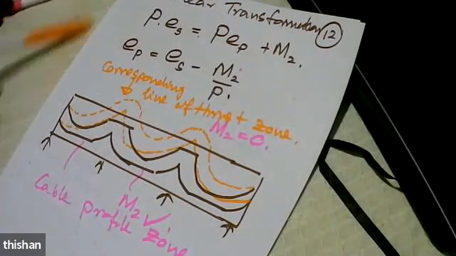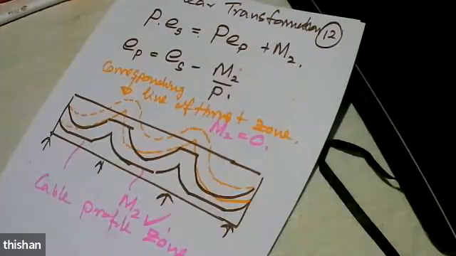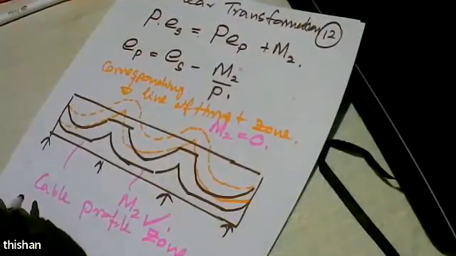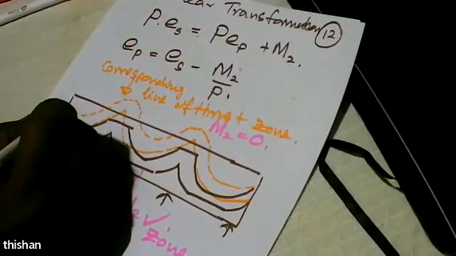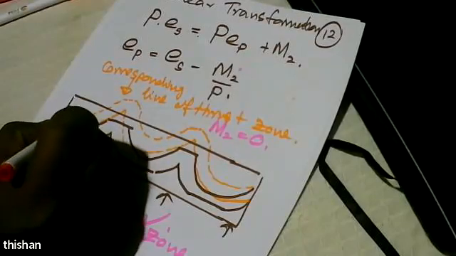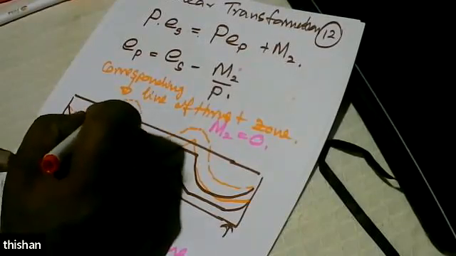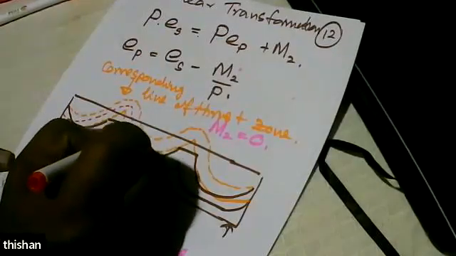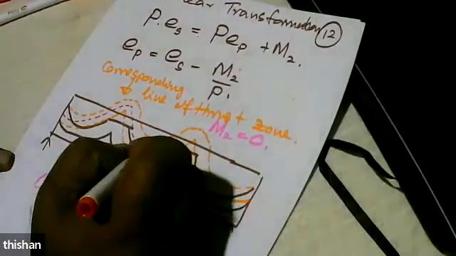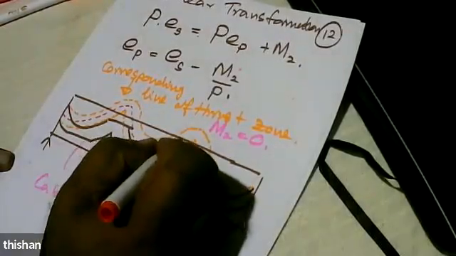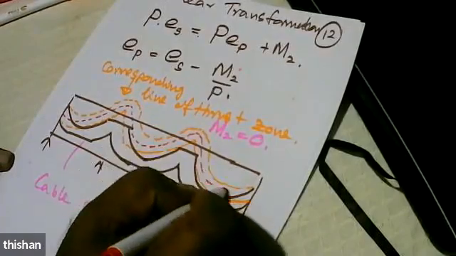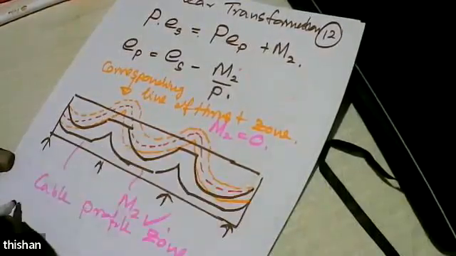So what I have done is, now if it is a line of thrust, that means M2 is 0, then I can actually fit a bending moment diagram into this. But it's a trial and error process. So for the selected pre-stressing force, I will apply a set of loads and get a bending moment diagram that will fit inside that.